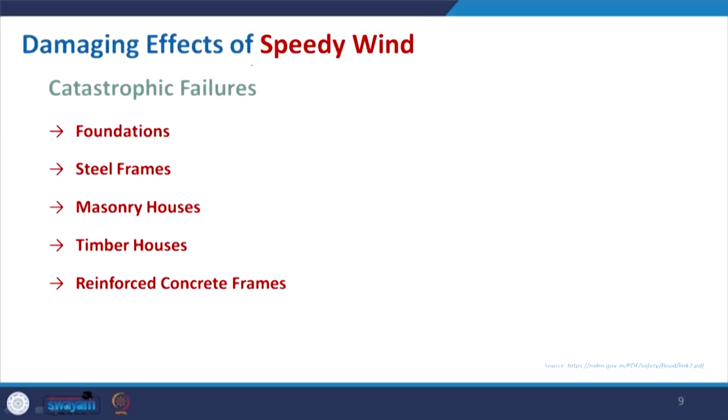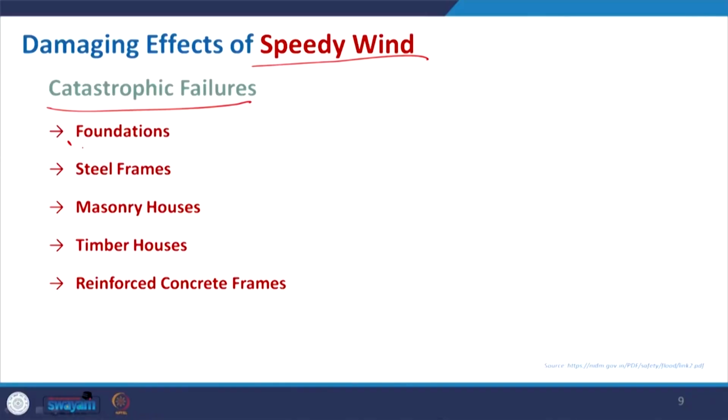Coming to the damage of a building or any property due to speedy wind or heavy wind, we can have a catastrophic failure. Catastrophic failure means it is a total failure, the magnitude of this failure is very large.